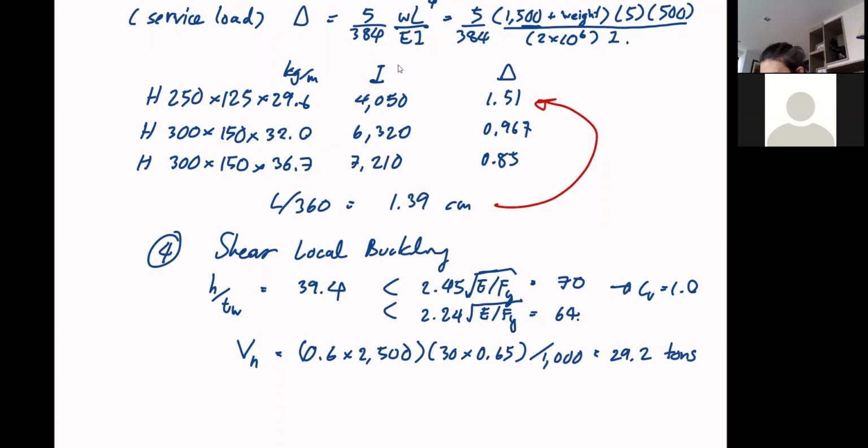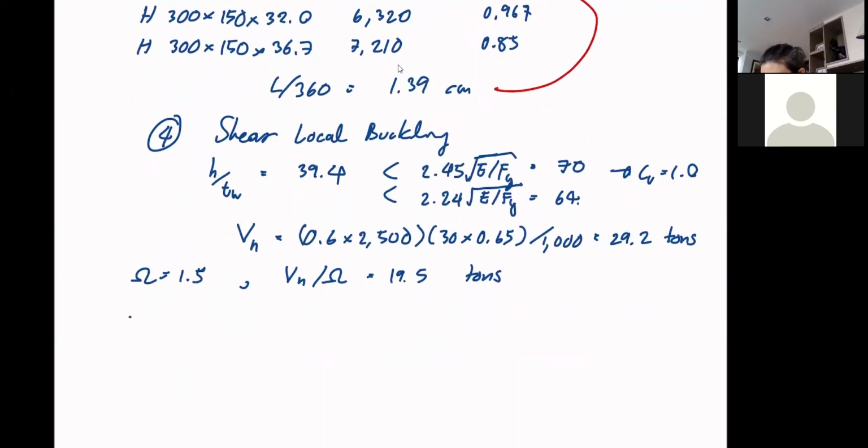Now, let's say for a factor of safety equal to 1.5, we get nominal divided by factor of safety, which is 19.5 tons.